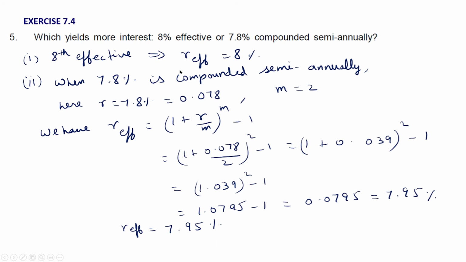So better investment is 8% effective. So among these two, 8% effective yields more interest. So correct option is option 1. Therefore, 8% effective yields more interest.